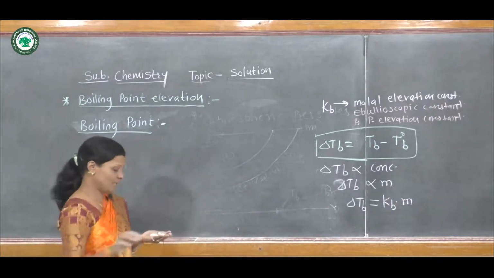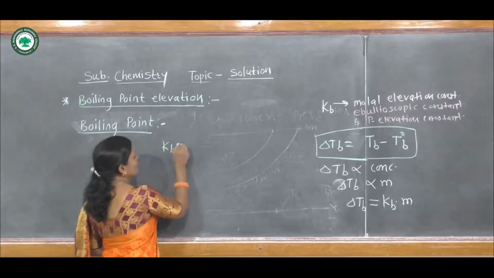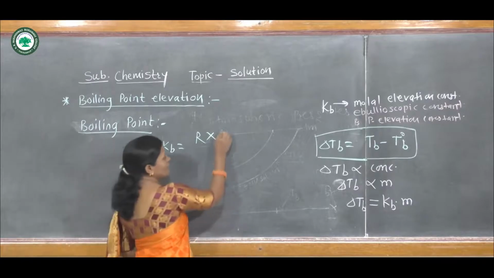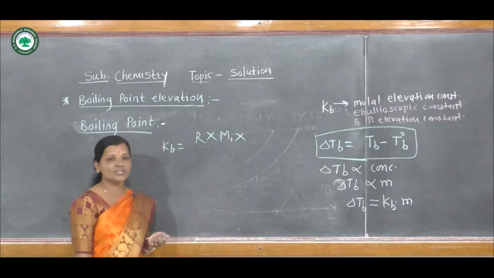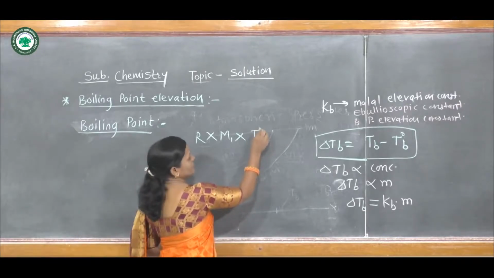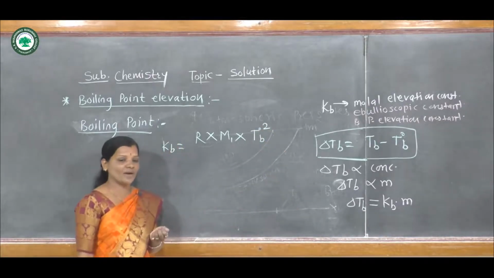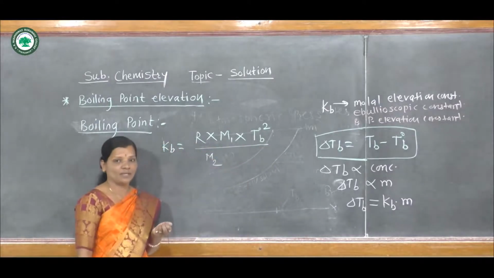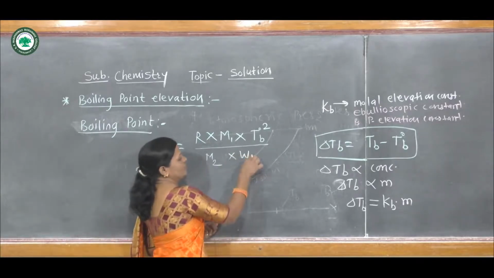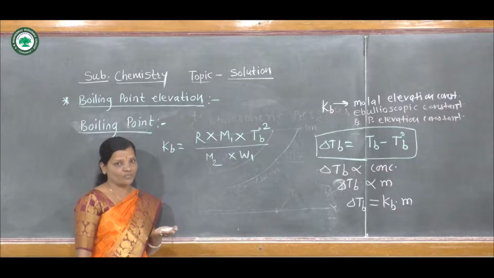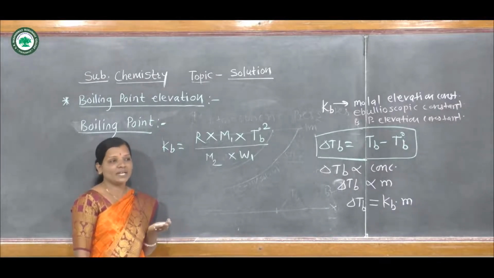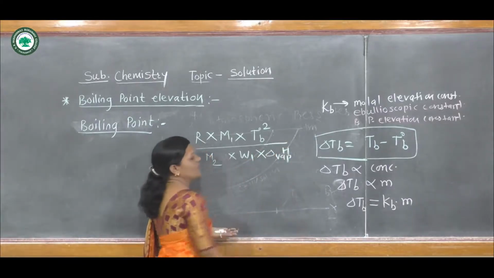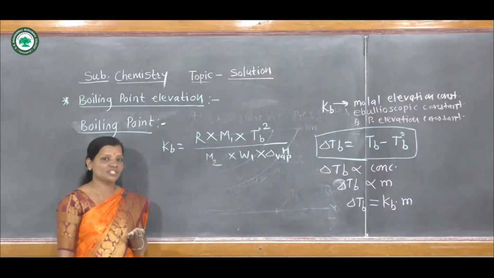Kb is equal to R, that is the gas constant, into M1, that is the molar mass of the pure solvent, into the boiling point of the solvent squared, divided by the molar mass of solute into the weight of solvent, into its enthalpy of vaporization, that is the enthalpy of vaporization of the solvent.